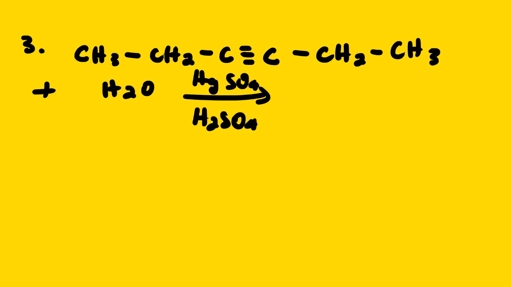So you can see this is an internal alkyne and it is symmetrical. So we do not have a Markovnikov carbon, so we can just add. If you add it here, we are going to start from here. If you add it here, we are going to start from here. So the two are the same.